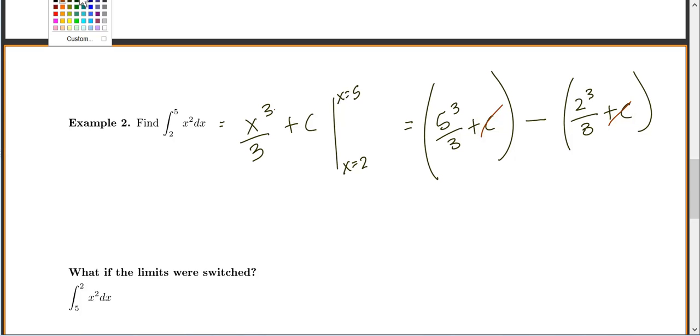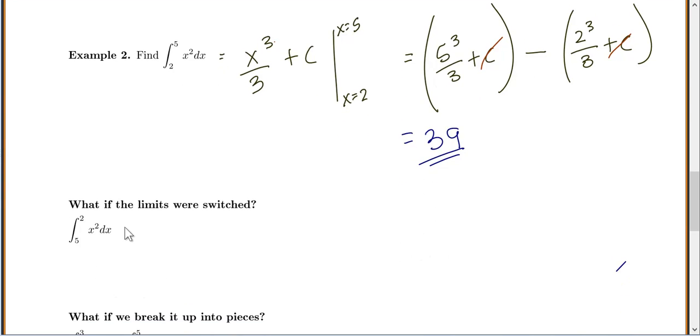Because they cancel every single time, when you're evaluating at your upper and lower limit, we'll often just be lazy and not put the c in. So 5 cubed is 125 over 3 minus 8 over 3, which gives me 39.